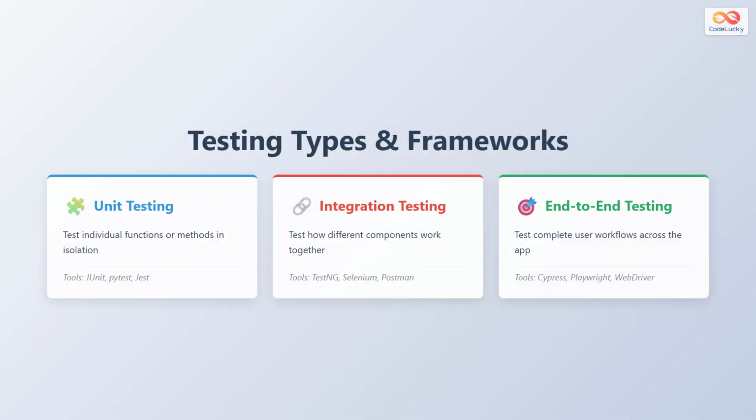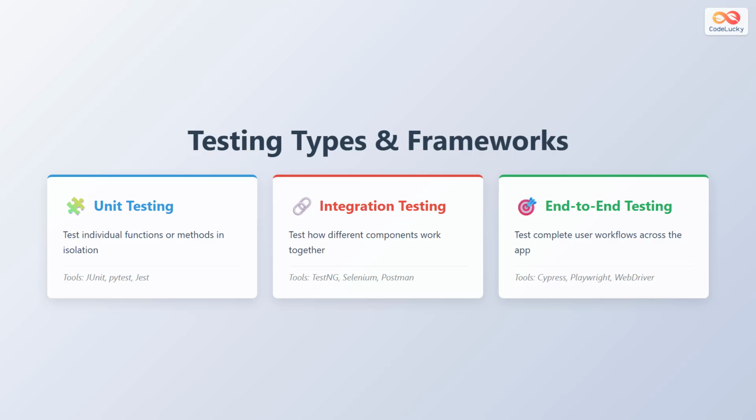QA engineers use different testing approaches based on project needs. Unit testing focuses on individual functions or methods in isolation, testing small pieces of code independently. Popular tools for unit testing include JUnit for Java, pytest for Python, and Jest for JavaScript. Integration testing examines how different components work together as a system.